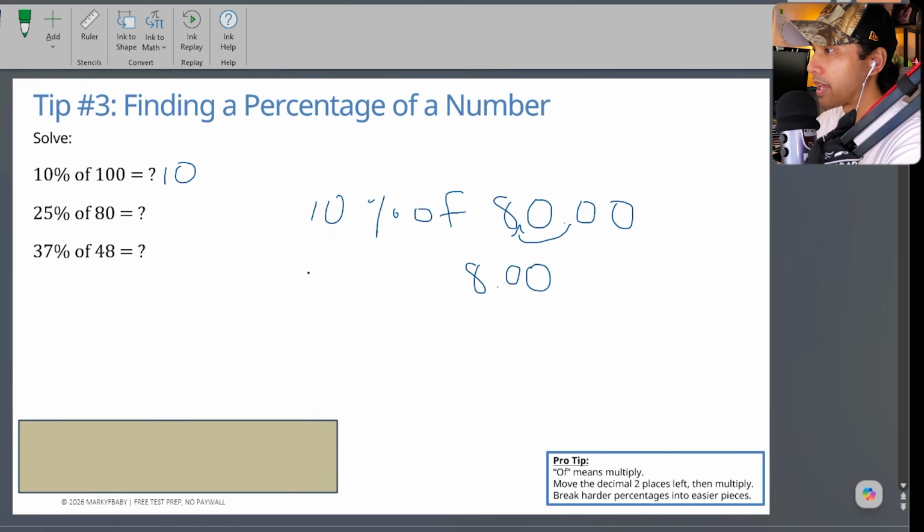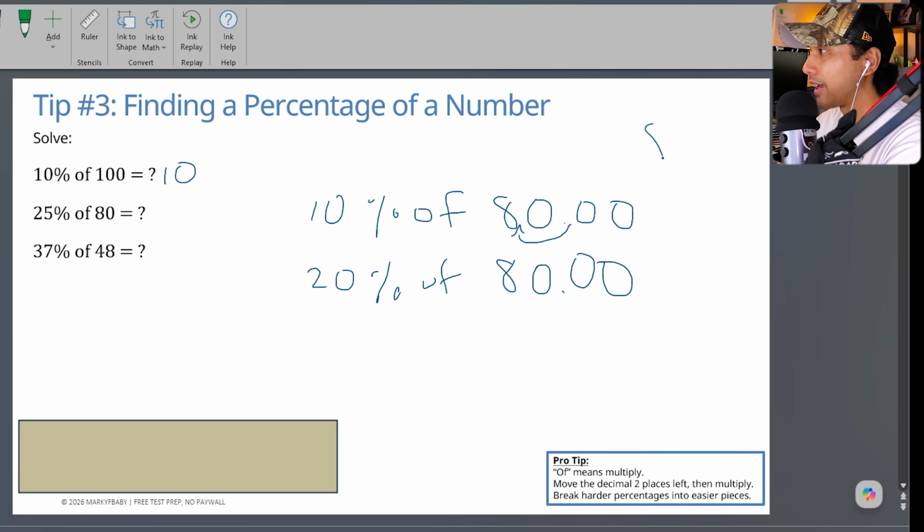Now 20% of 80 is just 8 plus 8, because 10% is 8, and then 20% just doubles, and we get 16, right?